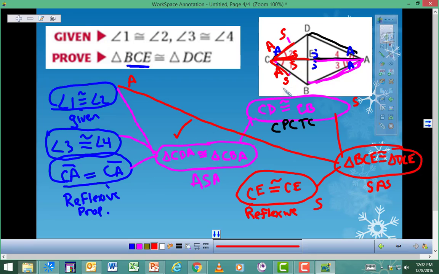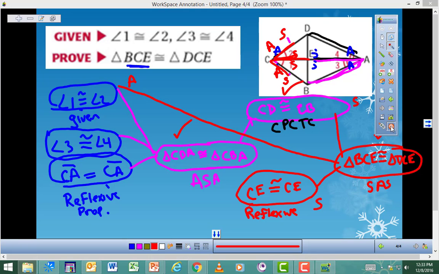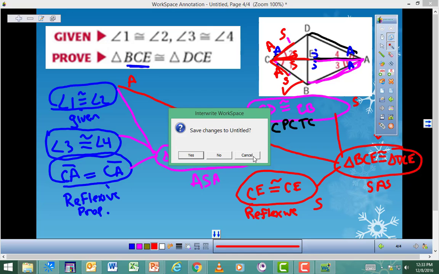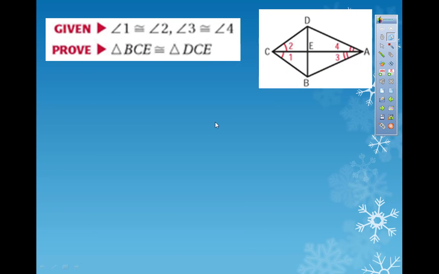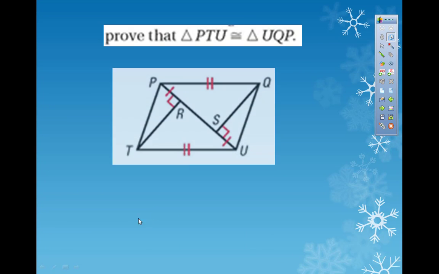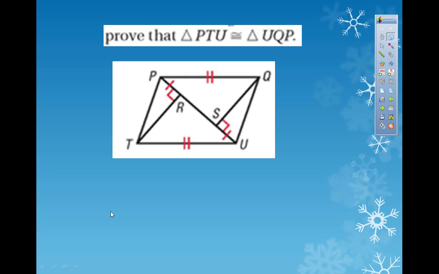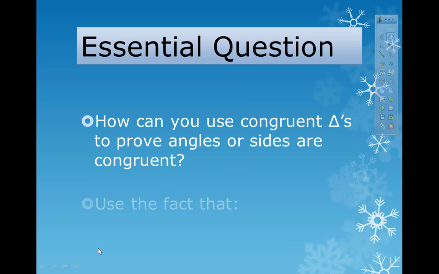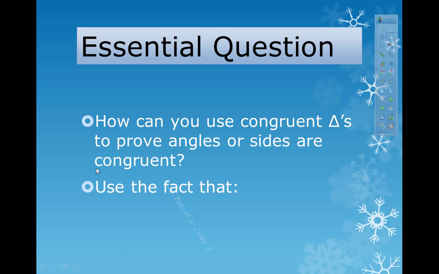Then we use corresponding parts of congruent triangles to prove that this set of triangles was congruent. So the proofs are just a little bit longer in this section. But that's basically all you do. And so I'm not going to do this one because it's similar to the previous one. And so we're going to be using this new theorem quite a bit.